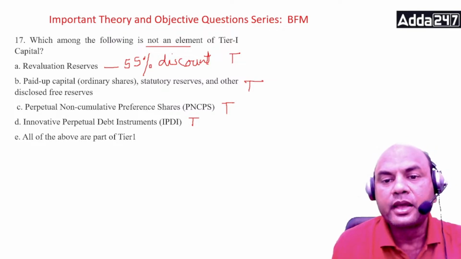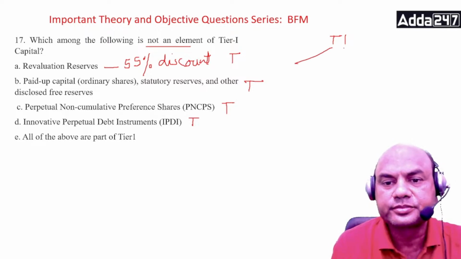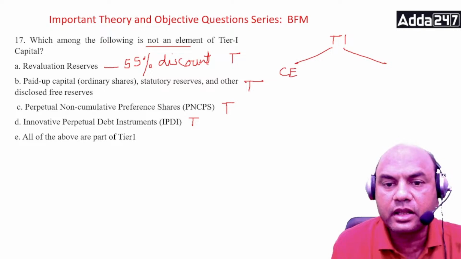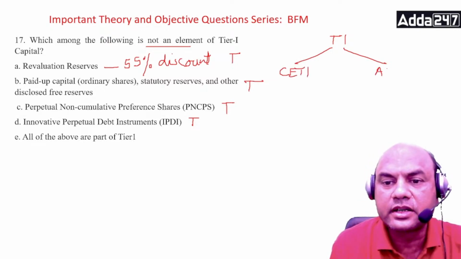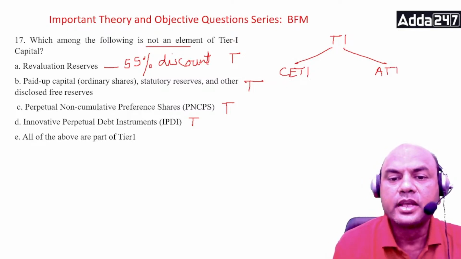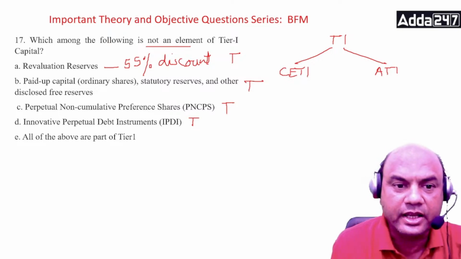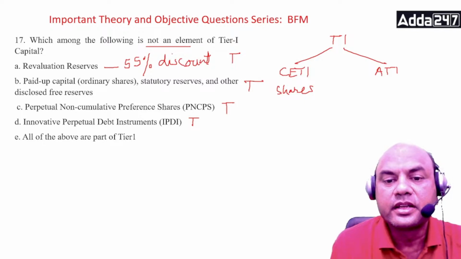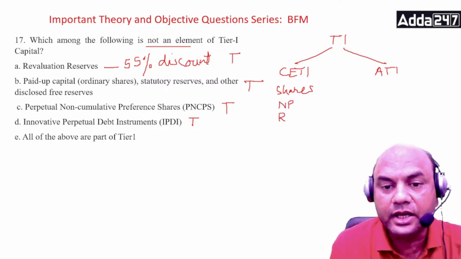Remember, tier 1 is made like this. T1 capital has two parts. One is CET1, and second is AT1, additional tier 1. CET1 has normally share capital, meaning paid up capital, shares, then net profit, then reserves and surplus, R&S, and revaluation reserves.